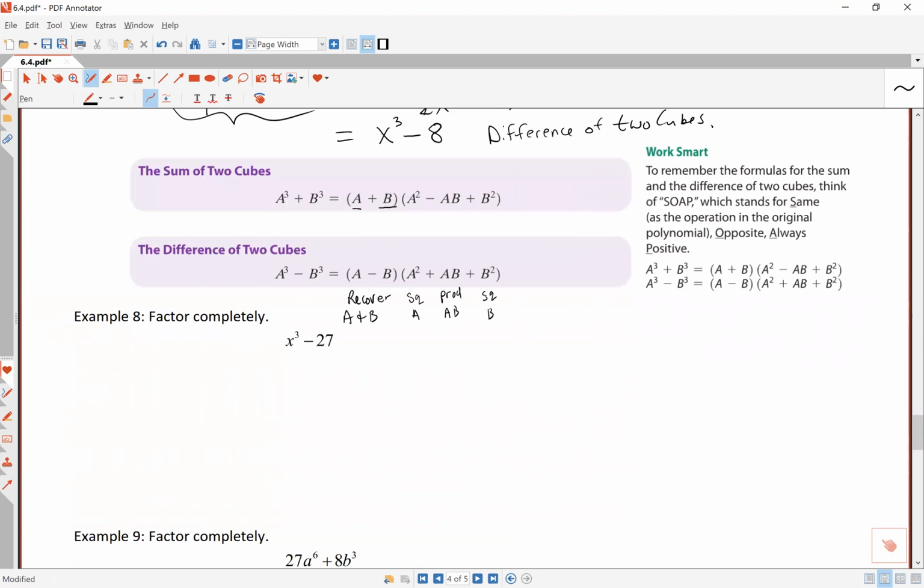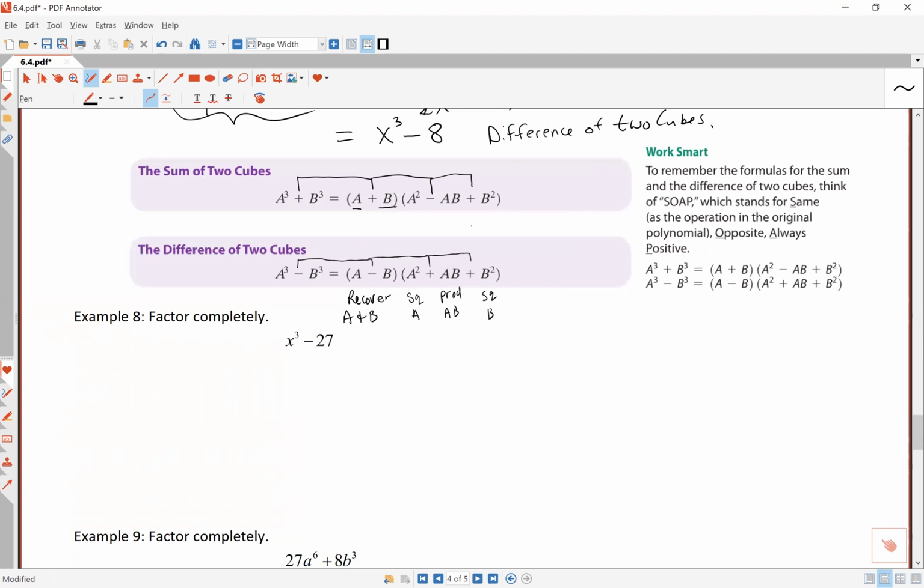After you get the pieces in there, then it's the signs that take shape. For the plus sign, there's going to be another plus sign. Then it alternates to a minus and then always positive. Where the difference is a minus and a minus, then it alternates to a plus and then always positive.